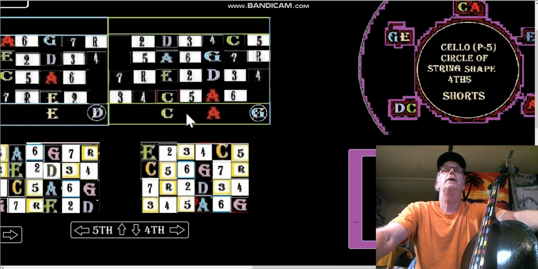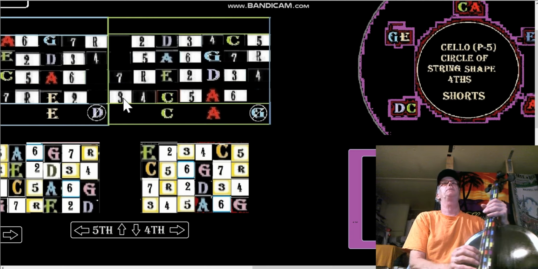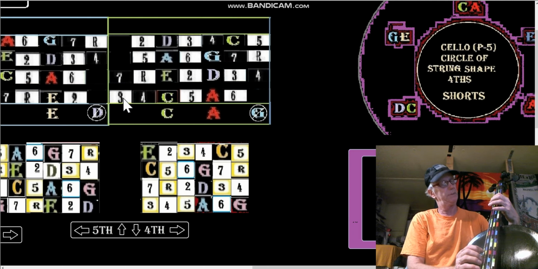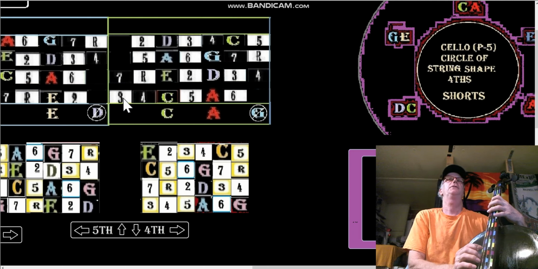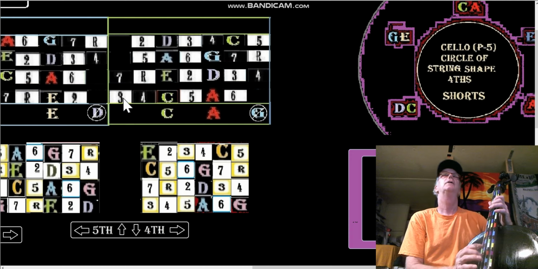Right back where I started from. No, not really. We're not going back to the ED. So here we got the CA cage, and if we move that down, sure, we could play that from up here. 3, 5. So this is your CA position. 3, 3, 5, root, like that.